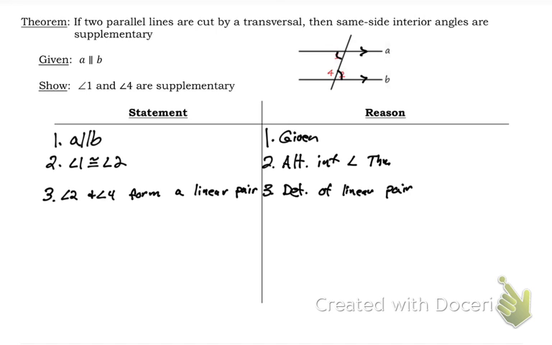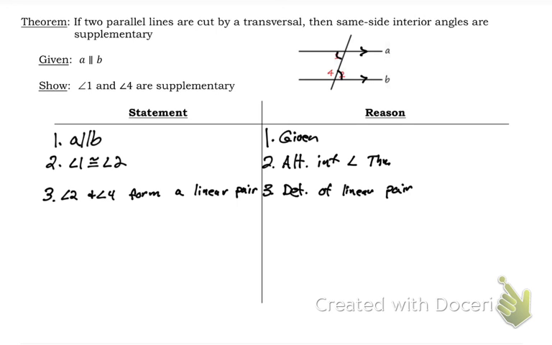So we do have to say they're a linear pair first. Now we have multiple paths we can go. If I get more descriptive about linear pairs, I can say they're supplementary. What else can I say about it? They equal 180. We have two choices here. We can either say that they are supplementary or they equal 180.